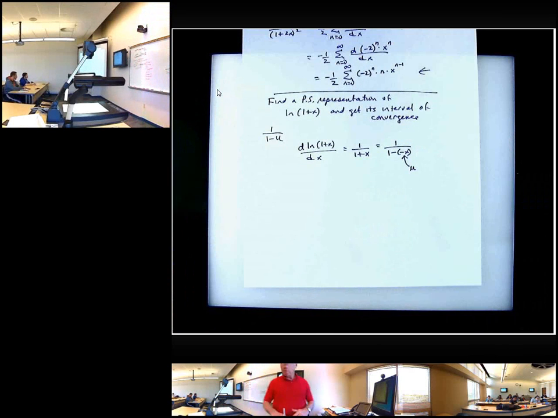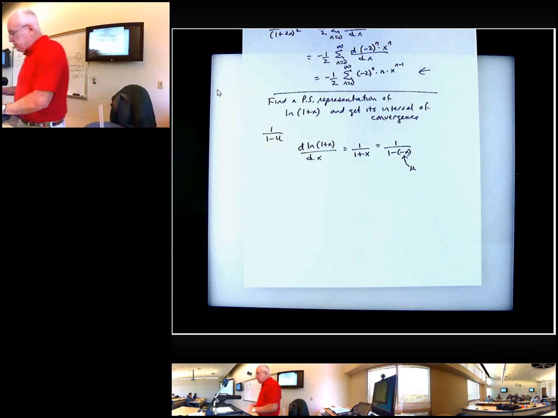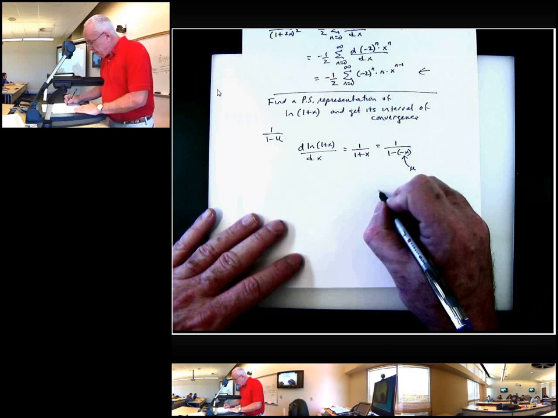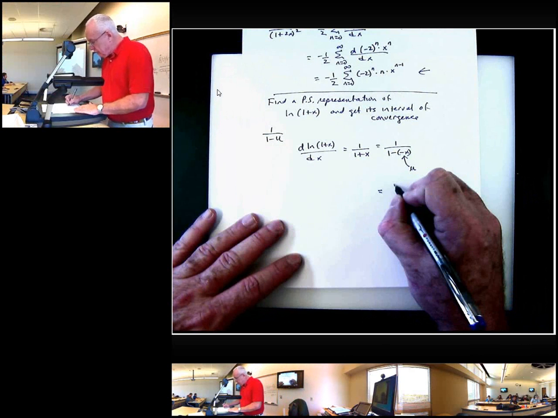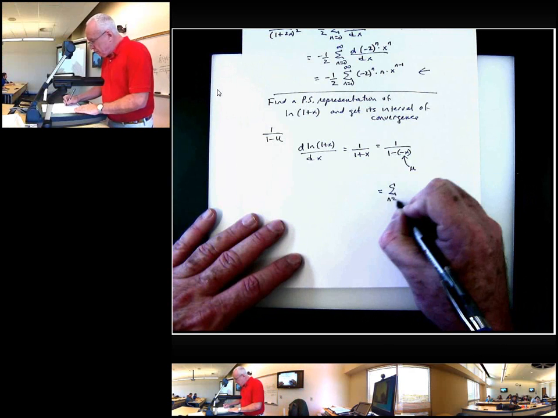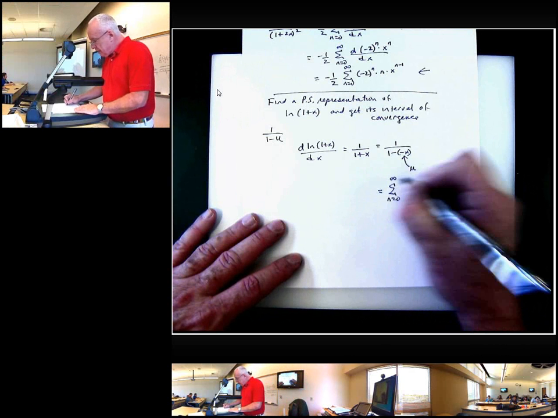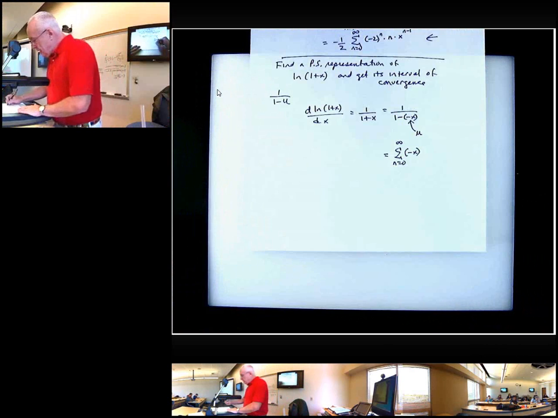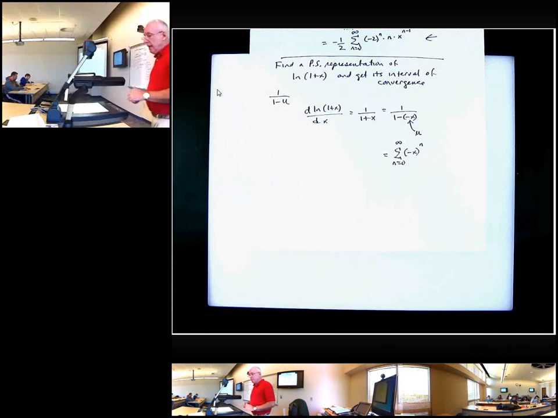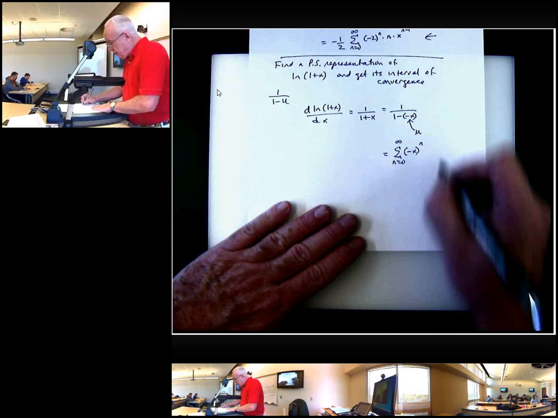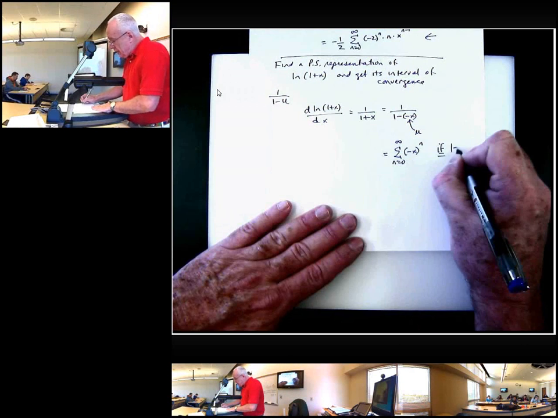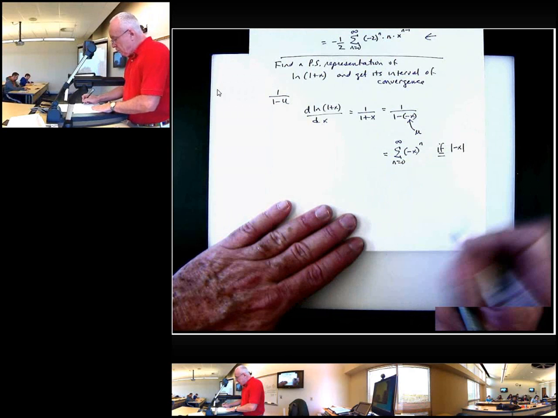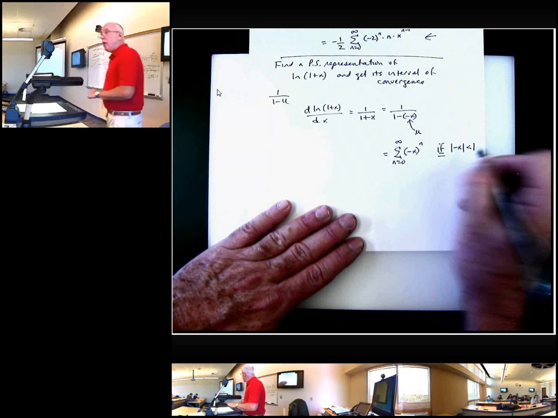So we can write that as a power series. So this can equal the summation n equals 0 to infinity. Now this time it's going to be in parentheses negative x raised to the nth power. And this is if the absolute value of negative x, my u, is less than 1.